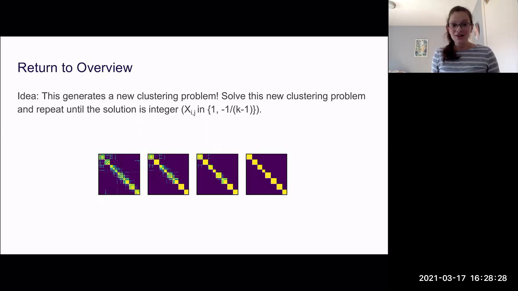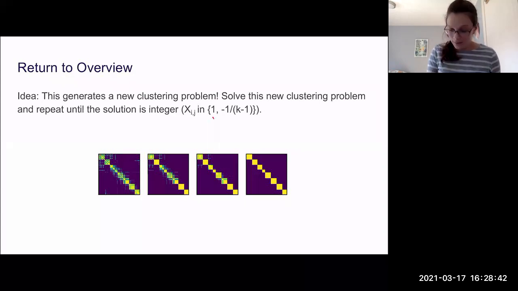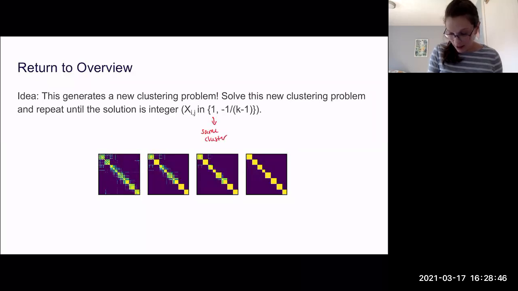I want to keep going until the solution is integer or is actually a clustering. And by integer, what I mean is that I get back to that simplex kind of space. So my xij are either 1, indicating these points are in the same cluster, or equal to -1 over k minus 1, meaning they're in a different cluster.